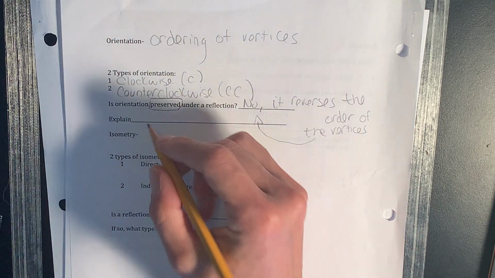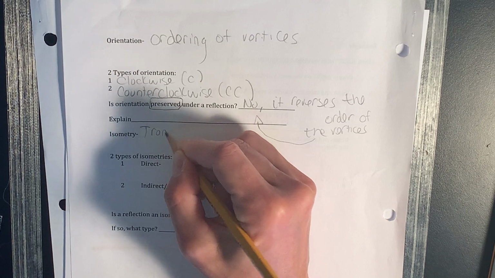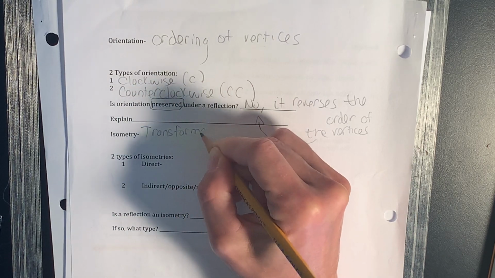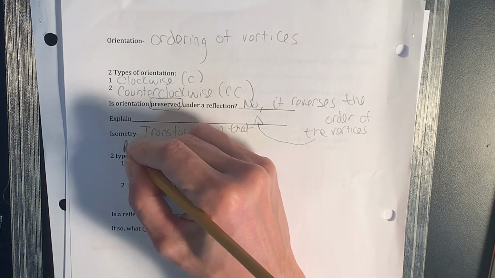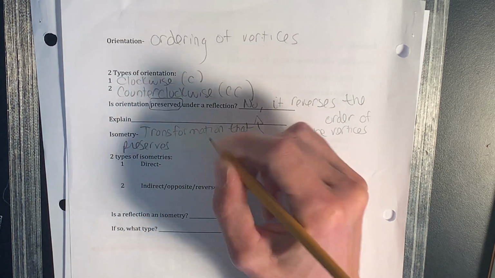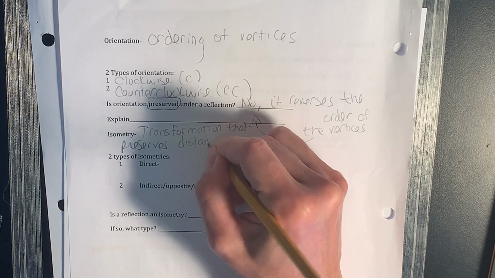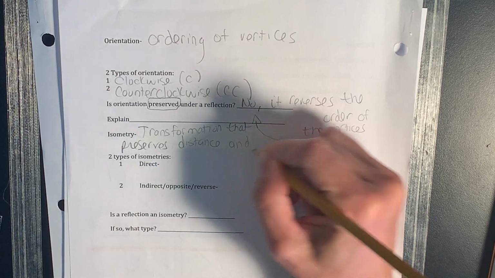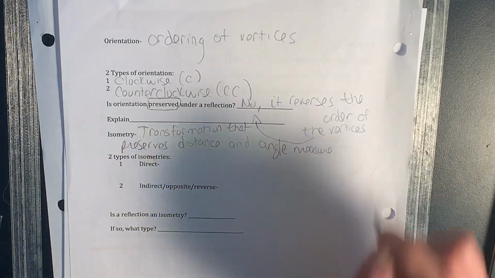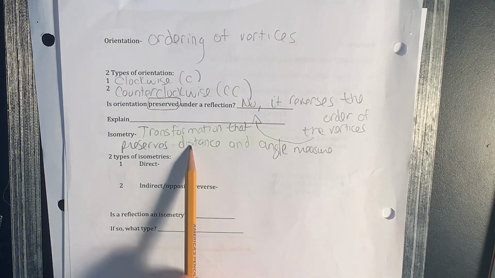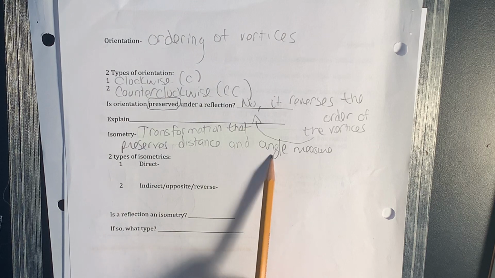And what is an isometry? It's a transformation that preserves, remember preserves means stays the same, distance and angle measure. Remember, another word for distance is length of the sides and angle measure.